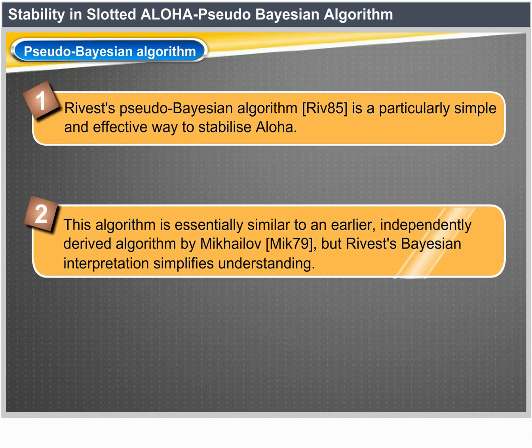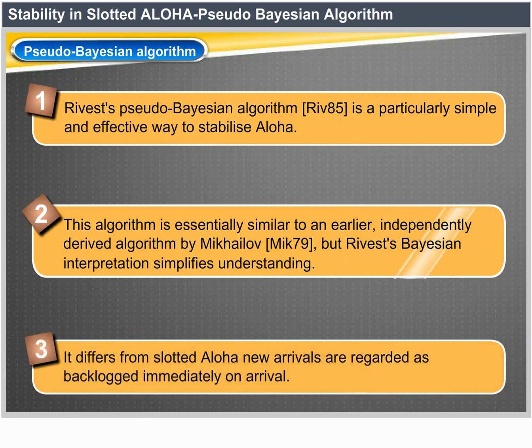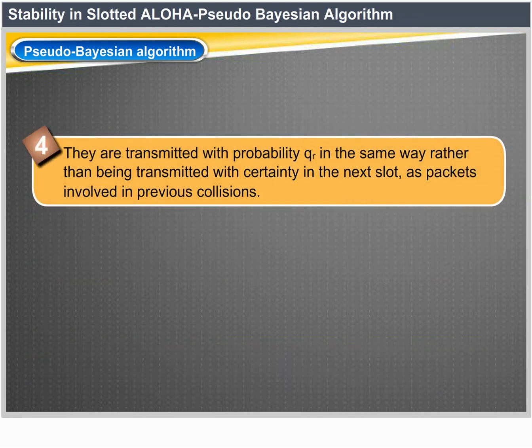It differs from slotted Aloha. New arrivals are regarded as backlogged immediately on arrival, rather than being transmitted with certainty in the next slot. They are transmitted with probability q_r in the same way as packets involved in previous collisions.